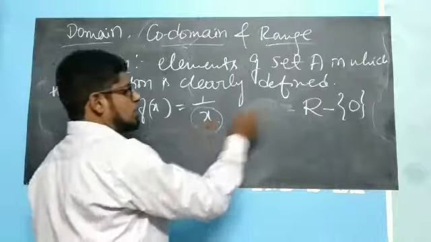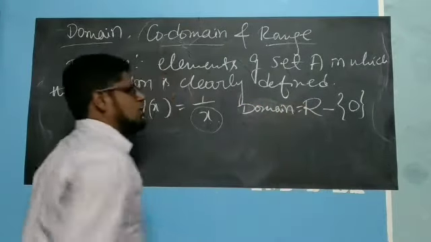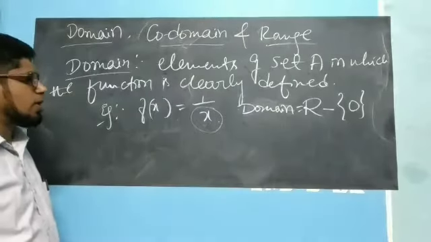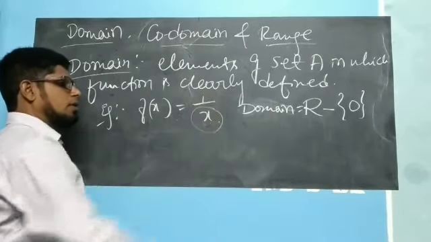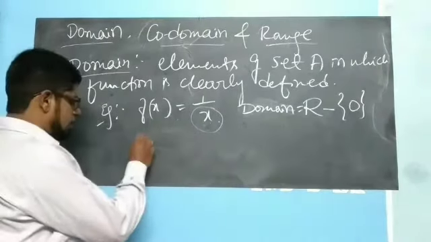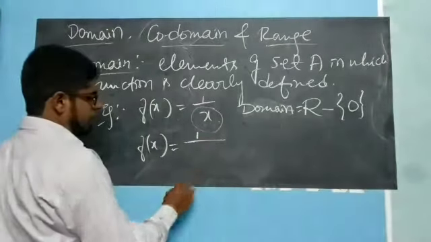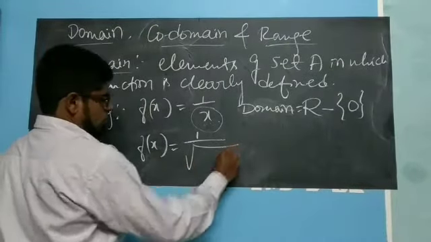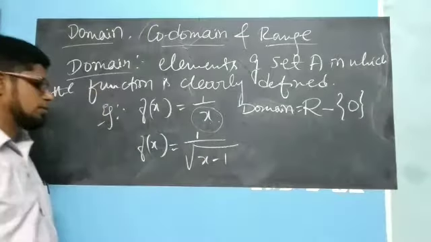So the domain of this function is the set of all real numbers but not 0, because we know at 0 it becomes infinity, that is not defined. Another example we will take, f of x is equal to 1 divided by square root of x minus 1.